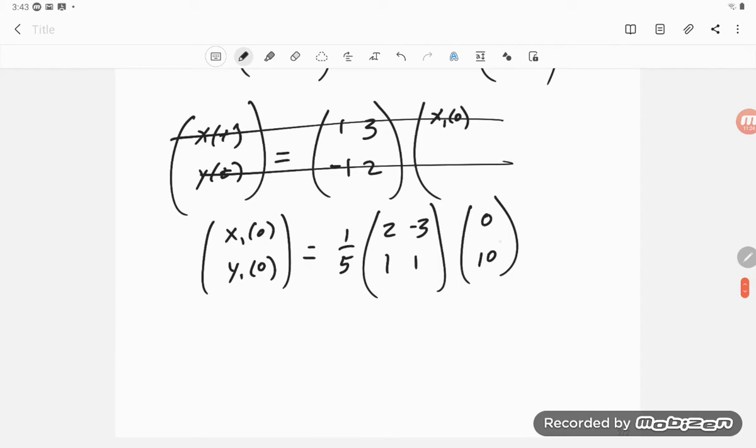And that's a pretty easy thing to deal with. Right, I'll get a -30 in the top and a 10 in the bottom, but that's divided by 5. And so I get -6 and 2 from that multiplication. So there are those vectors.